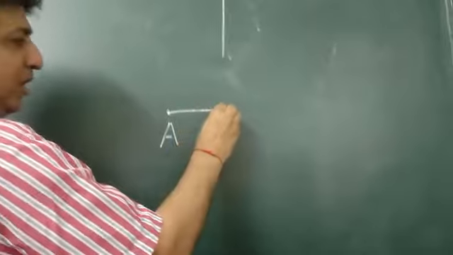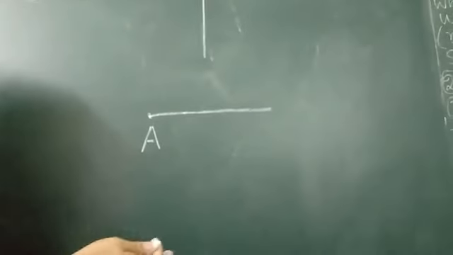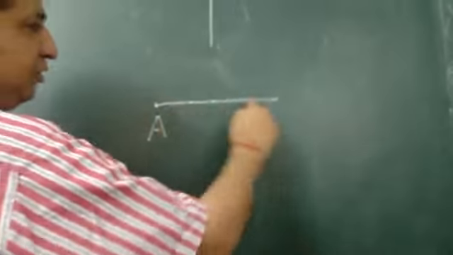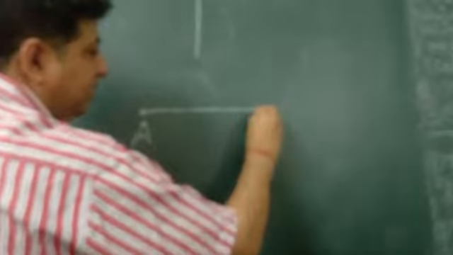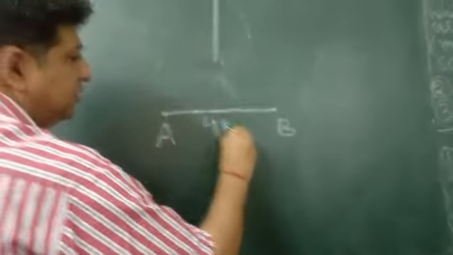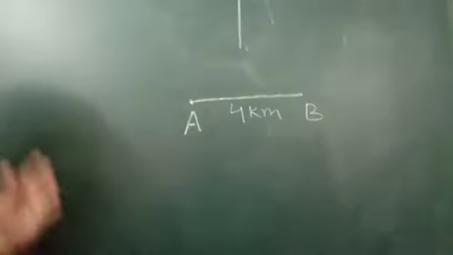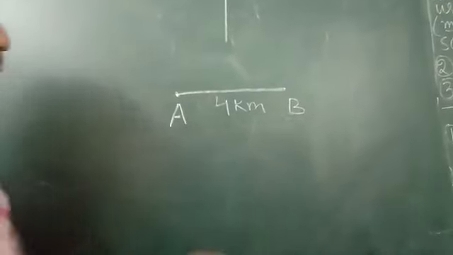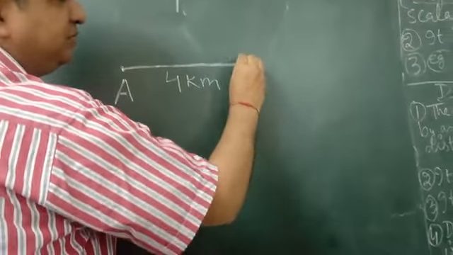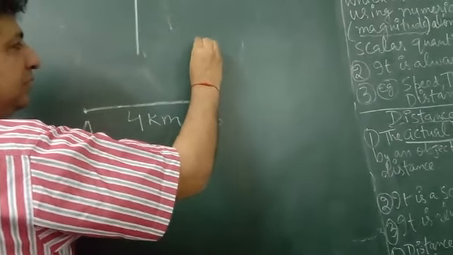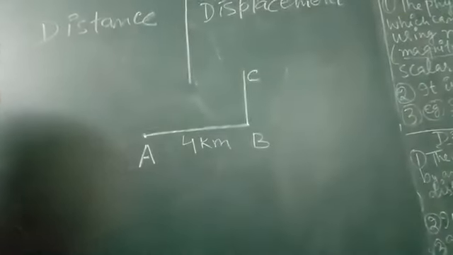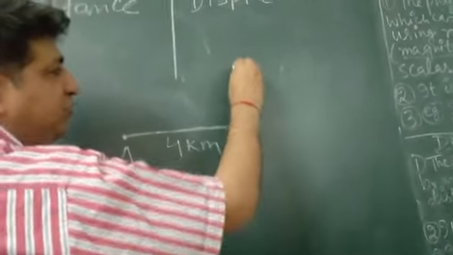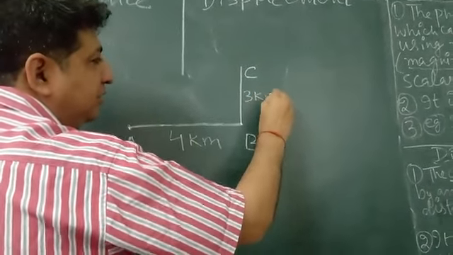Let's see, we start from this position A and we travel, say, in one direction, straight line, and we reach point B, and the distance between this is 4 kilometers. And from B, we take a left turn and we go and reach point C, and the distance between B and C is 3 kilometers.